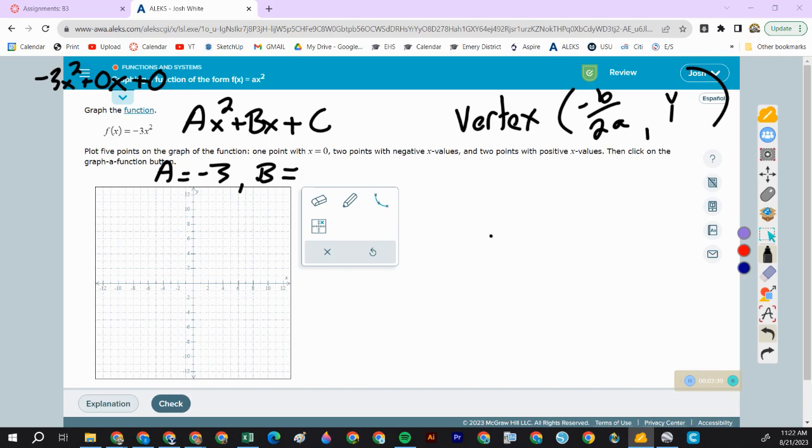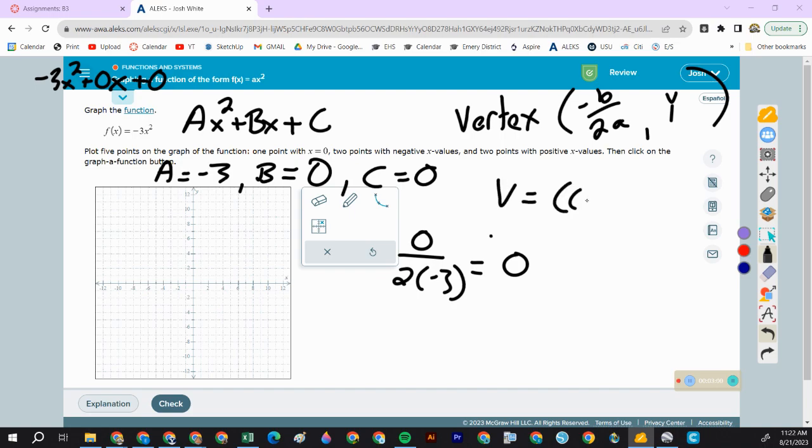So there is no b term, and there is no c term. Negative b over 2a is going to be 0 divided by 2 times negative 3, which is 0. The vertex of this quadratic is 0 comma something.